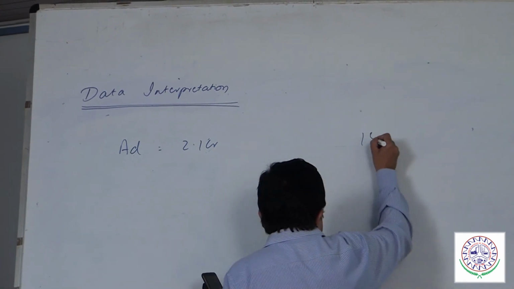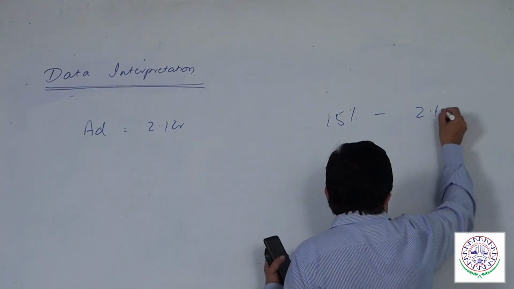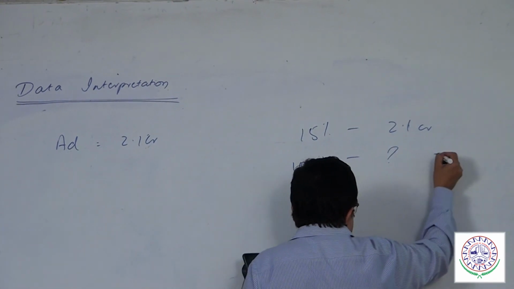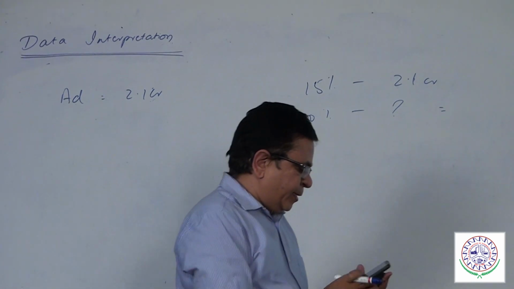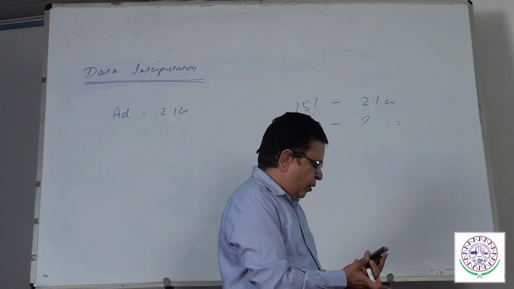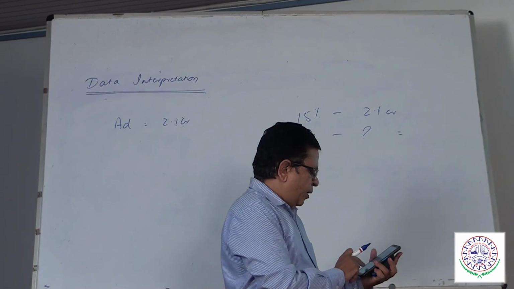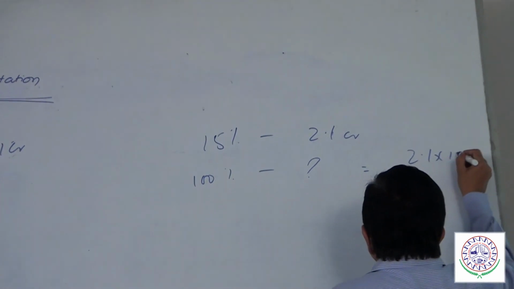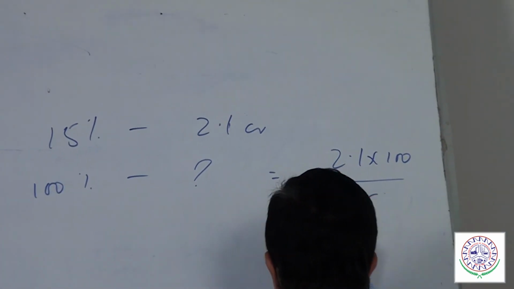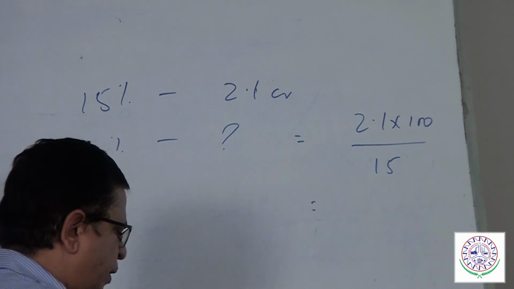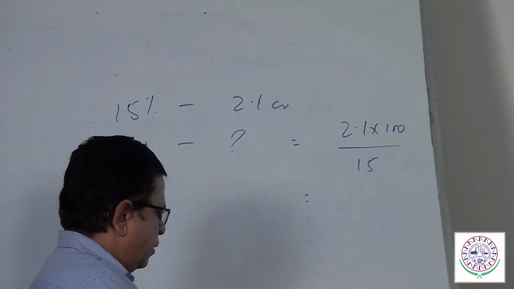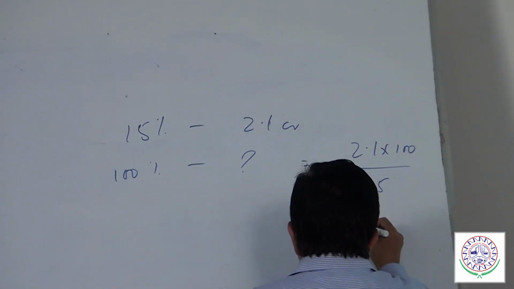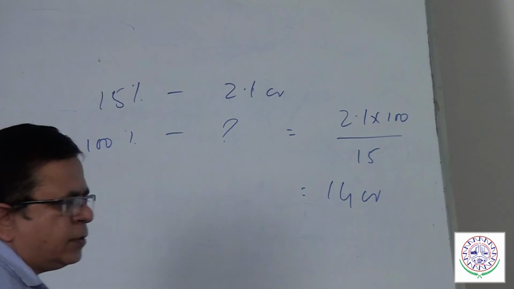So if 15% is 2.1 crores, then 100% is how much? First you have to find out the total expenditure. That is 2.1 into 100 divided by 15. So total expenditure is 14 crores.